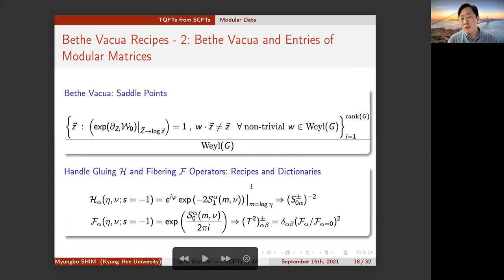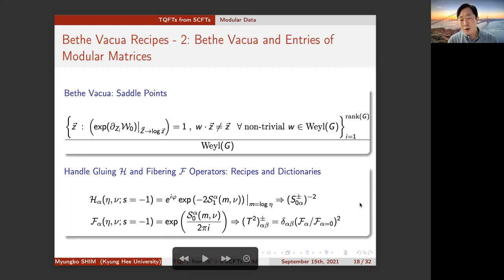These two operators will be related to components of the modular S-matrix and modular T-matrix. For the non-spin topological theory, the T-matrix is completely determined from this fibering operator.